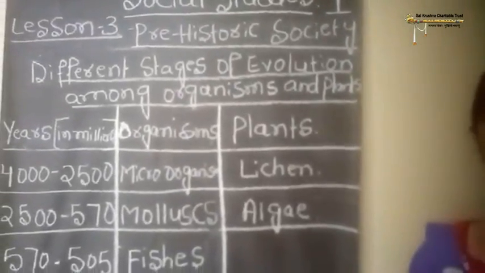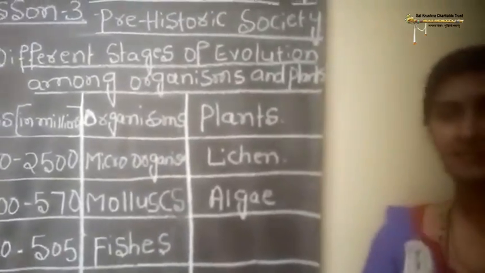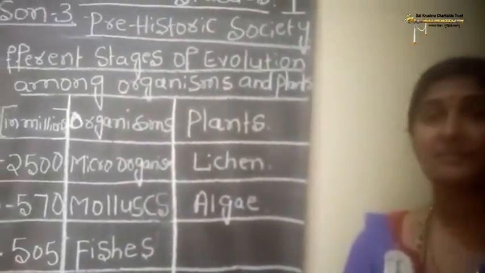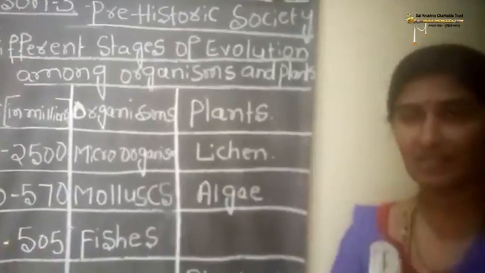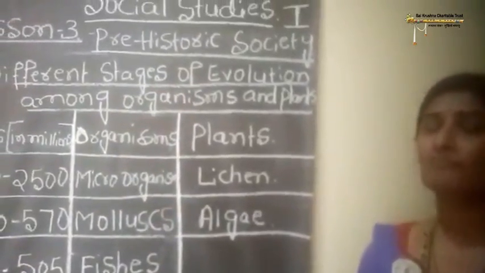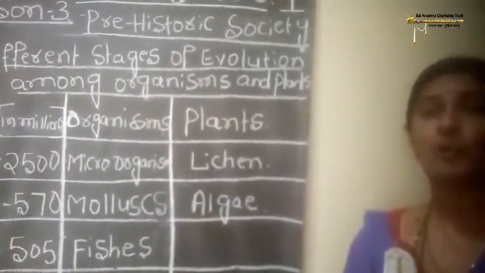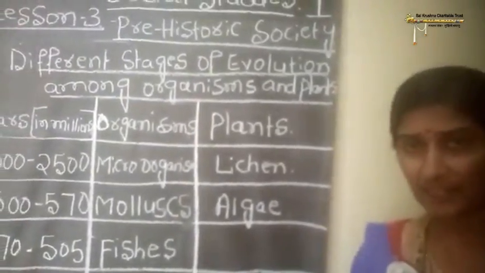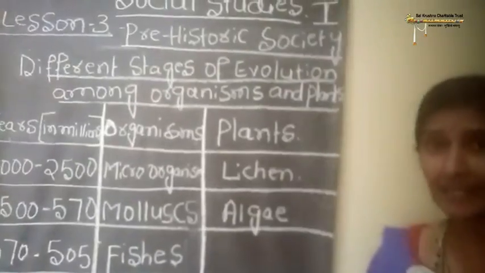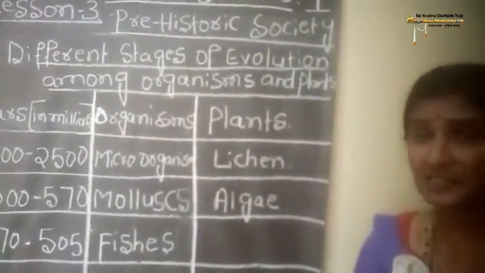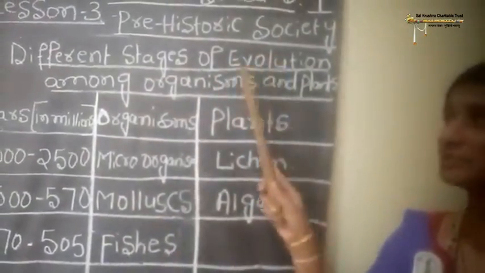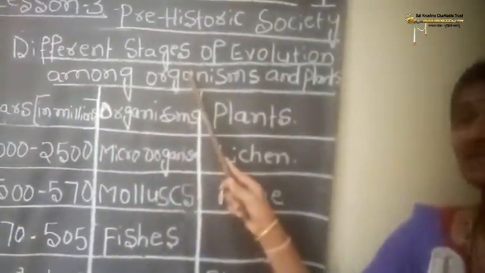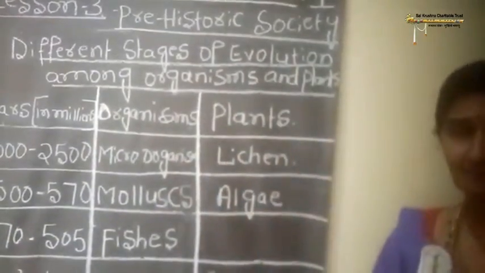Today I am taking class 6th Social Studies, chapter number 3, Prehistoric Society. Before understanding what is history and the different periods of history, we will first understand the different stages of evolution among organisms and plants.